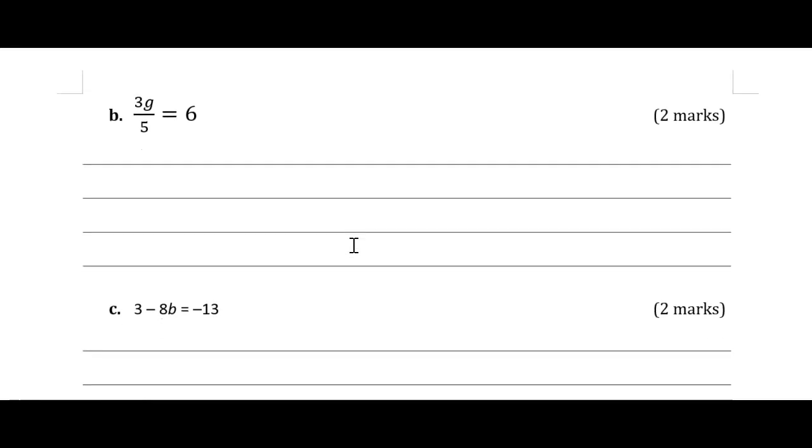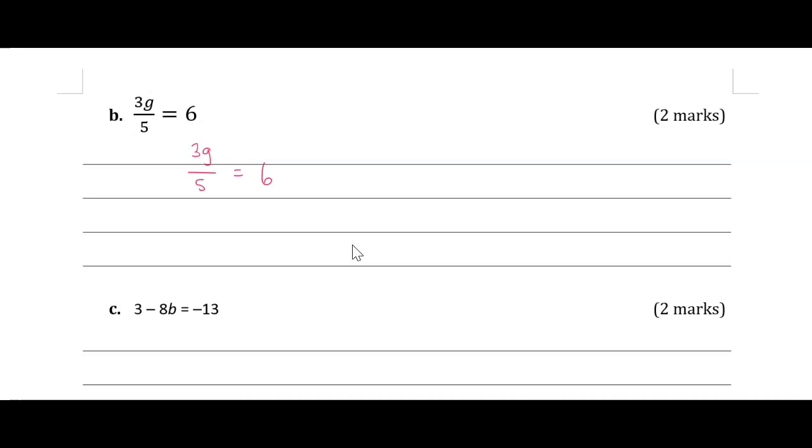All right, next one. I'm going to just rewrite this so it's a little bit easier to see. So we've got 3 times g divided by 5 equals 6. Now, it's important that you follow the right steps. Even though we've got 3 times g, we do have to get rid of the divided by 5 first. Think about when you're solving equations that whatever is closest to the letter is probably the strongest.